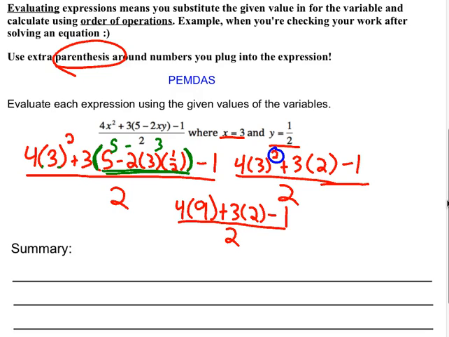Now there is division in this problem, but notice when it's dividing the whole thing, the top is grouped together to be dealt with first, okay? So here, that's why I'm only going to focus on the multiplication of the top. Whenever you're dealing with one giant fraction, you have to deal with the entire numerator first, entire denominator first, and then see what happens. So here, I'm just going to focus on multiplying across the top. So 4 times 9 is 36. 3 times 2 is 6, minus 1.